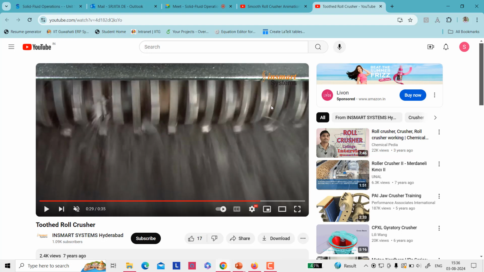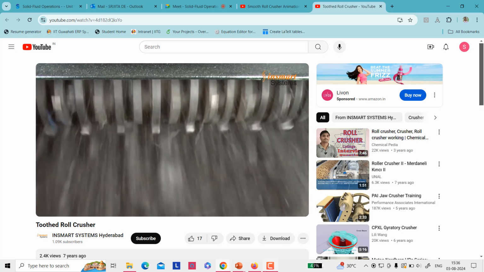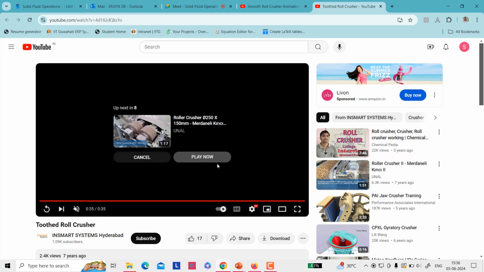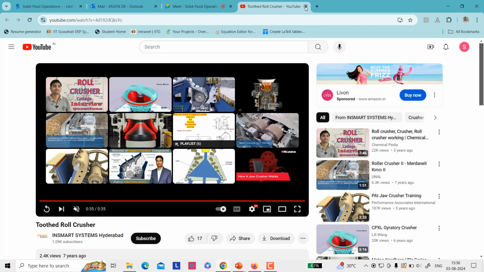That is why it is called tooth crusher. Some barriers are there periodically. You can see these are the teeth of the roll. The principle is the same, but in the plain roll mill there is no periodic barrier or periodic gravel. So that is why it is called tooth crusher.